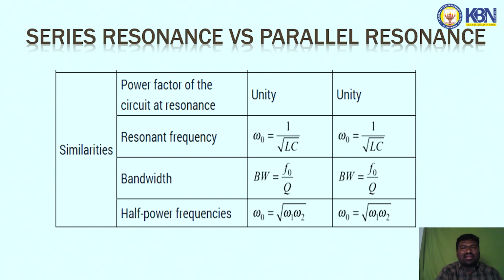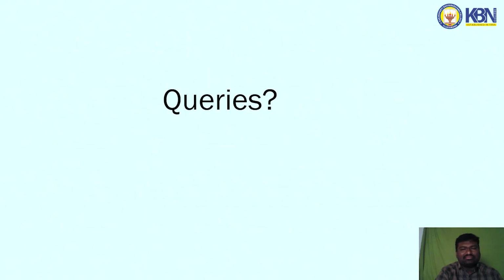Similarly, in the parallel resonant circuit, resonant frequency F naught equals 1 by root LC. Bandwidth will be F naught by Q. The half power points of the series resonant circuit: omega naught equals square root of omega 1, omega 2. Similarly, in the parallel resonant circuit, square root of omega 1, omega 2. Here omega is called angular frequency.